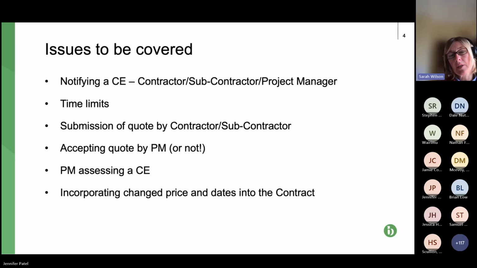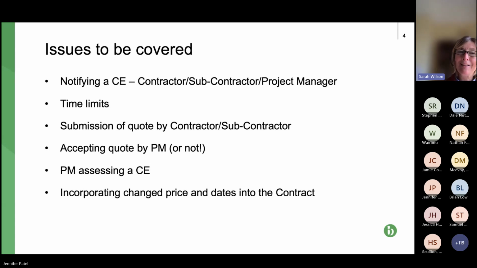But once that notice of a CE has been issued, we then go down to the third bullet point, which requires the project manager, or the contractor in a subcontract, to make a decision: is it a CE or isn't it? And then respond to the contractor or subcontractor on that basis.